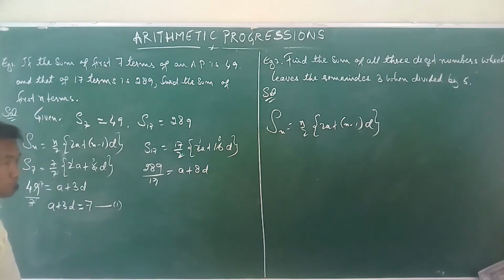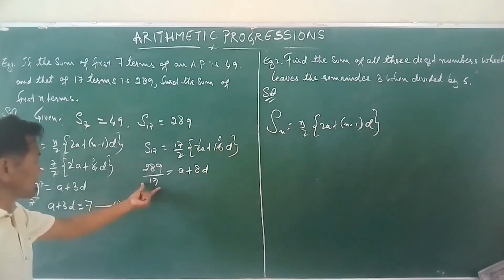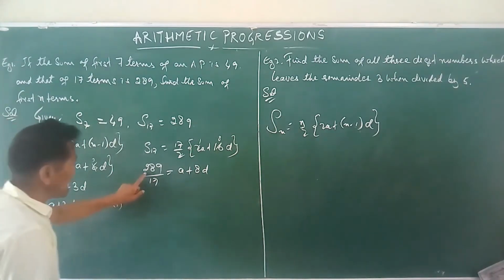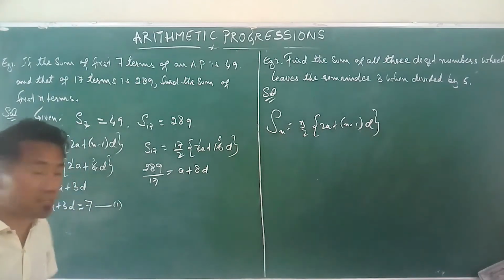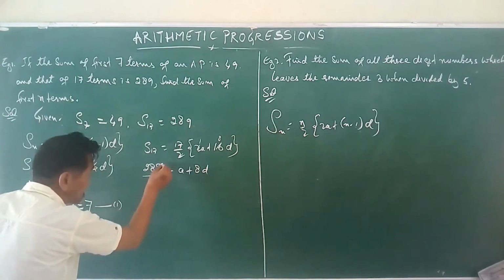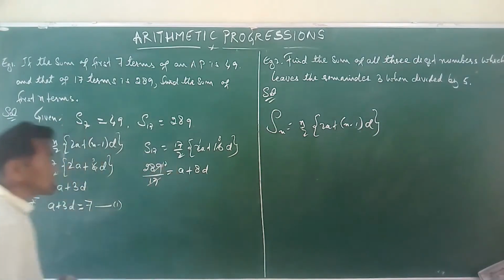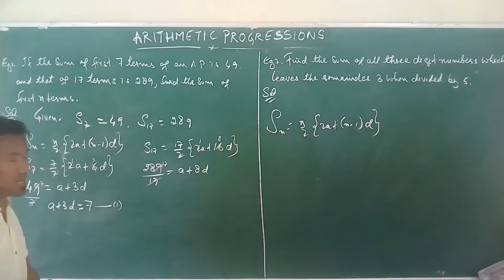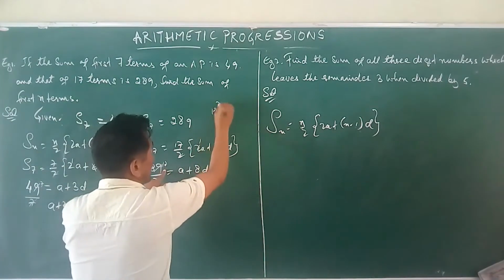And 17, if you cancel this, yes, 289 is a perfect square of 17. So 17 ones are 17, 17 into 17, 289. Isn't it 289? 17 squared.